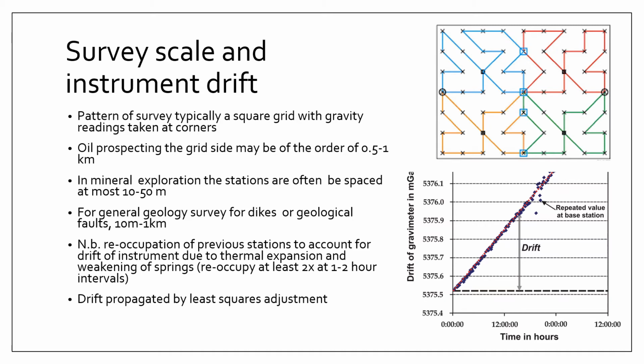Now let's talk about the bigger picture here, the scale of the survey and the instrument drift. The typical pattern of a gravity survey is a square grid. You have a grid of squares, and then we take gravity readings at the corners of your squares.